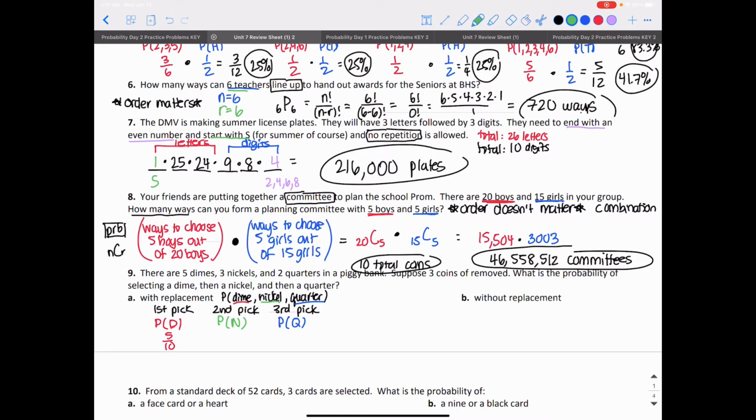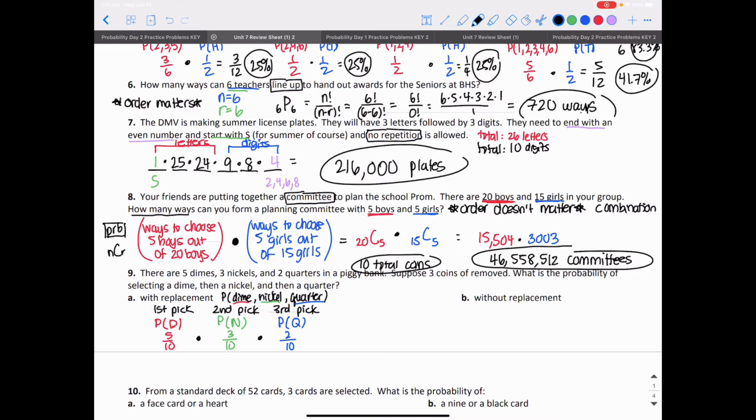And then for nickel, I know 3 out of 10 of them are, and since this is with replacement, I'm going to take that dime out and I'm going to put it back into the bag. So there are still 10 coins in that bag, and 3 of them are nickels. After I put that coin back in the bag, there are still 10 coins in the bag, and 2 of them are quarters.